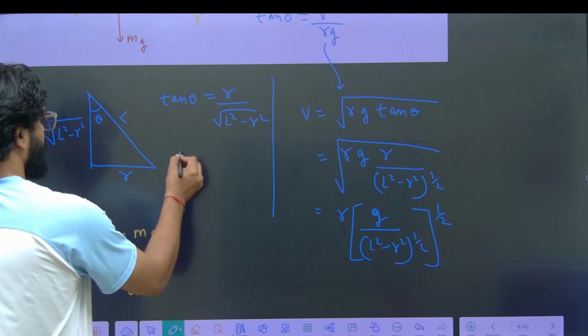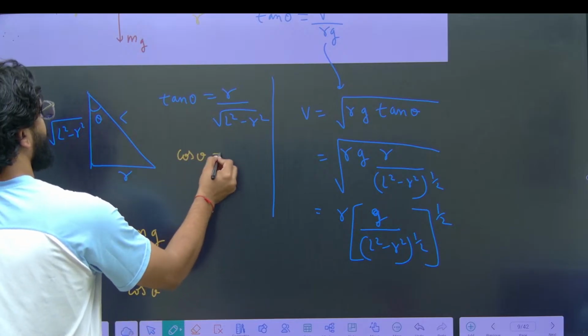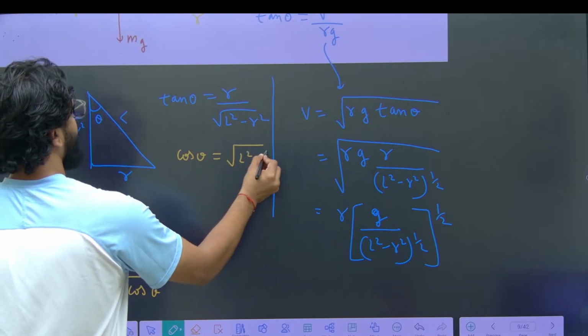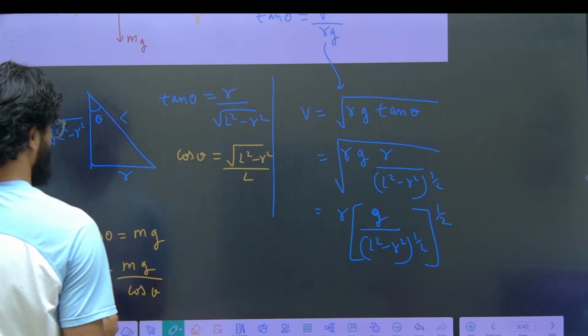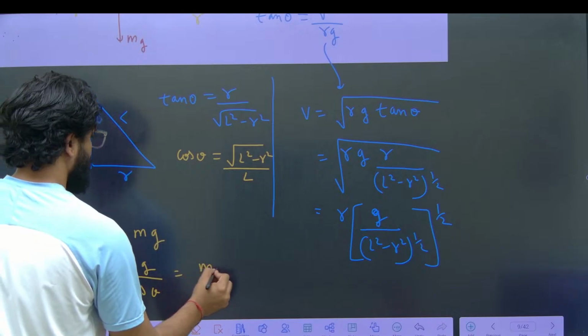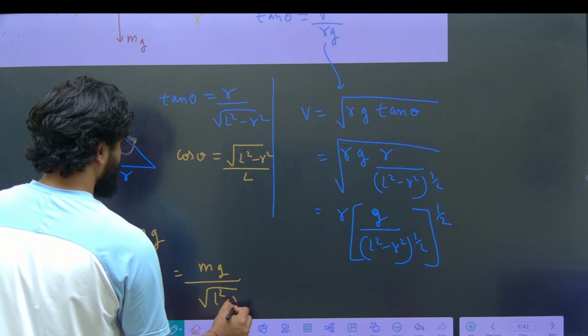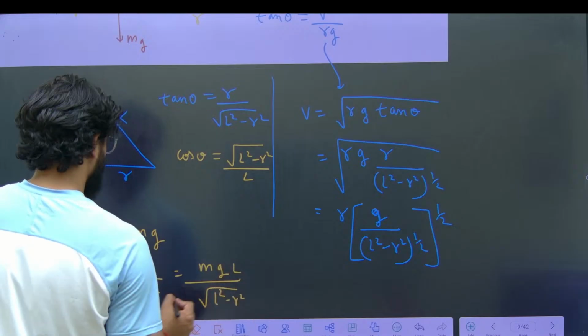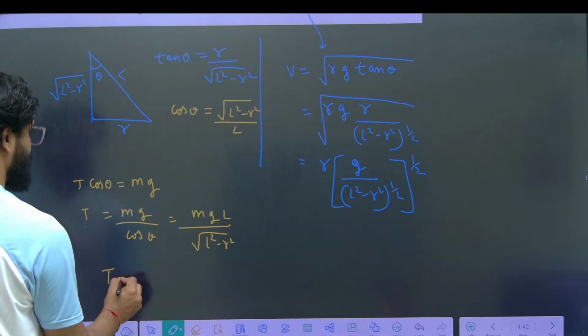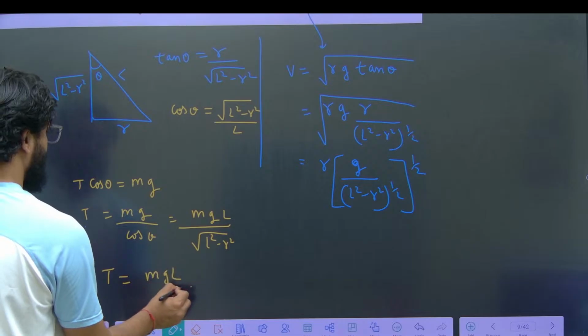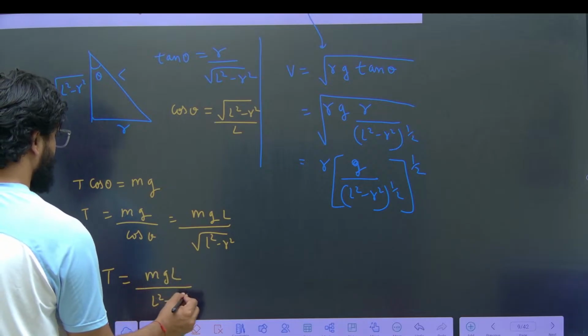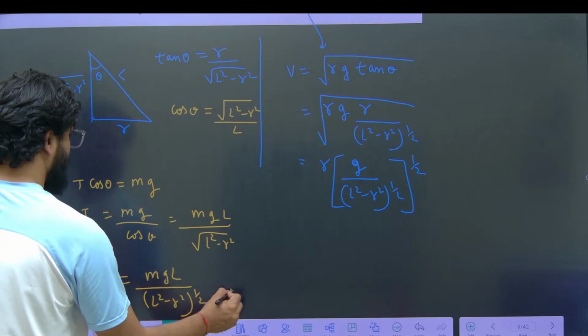So from here cos theta, it will be nothing but under root L square minus r square upon L, right? So mg divided by under root L square minus r square, and L will go on top. So tension will be mgL. I'm writing in the same style that the questioner wants us to write.